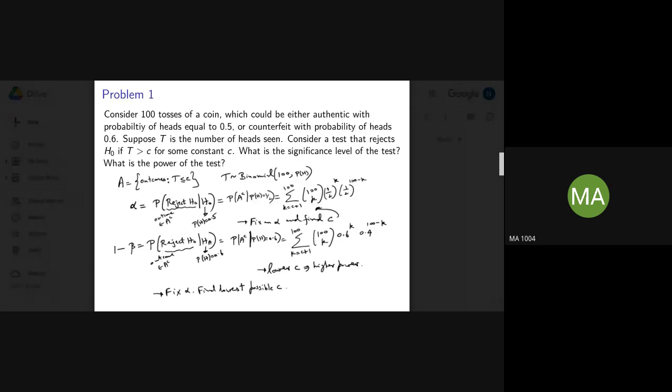Then you should know how to find alpha, the probability of making type 1 error. You should be able to find your power, that is 1 minus beta, and you should also be able to find beta, that is the probability of making type 2 error. So these three things you should be able to do.